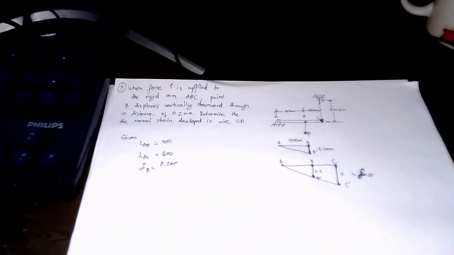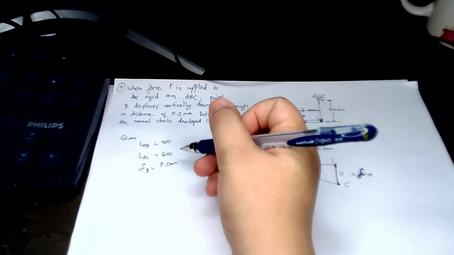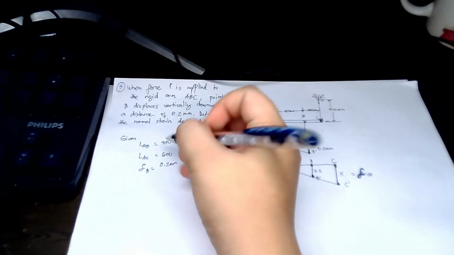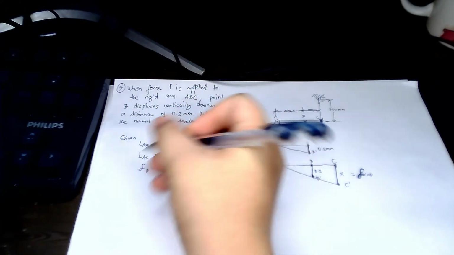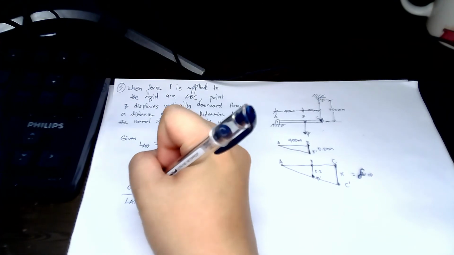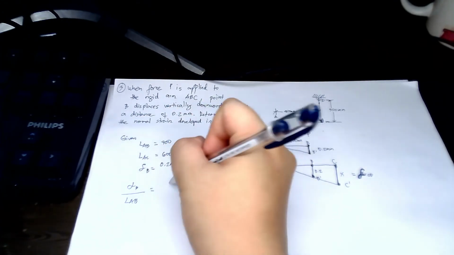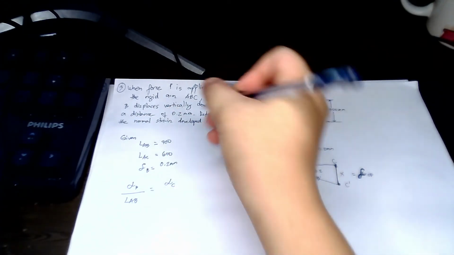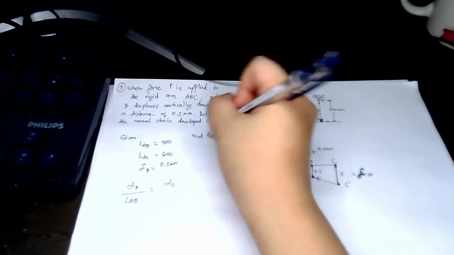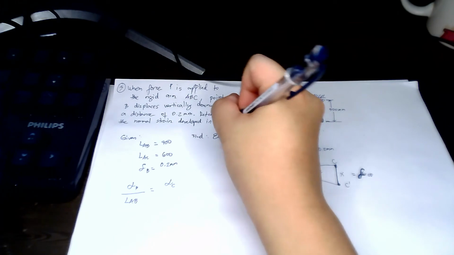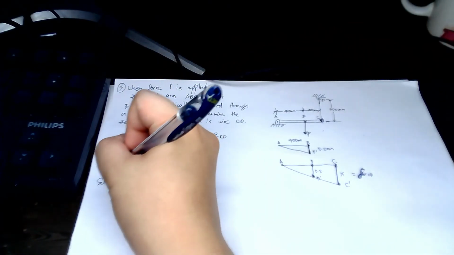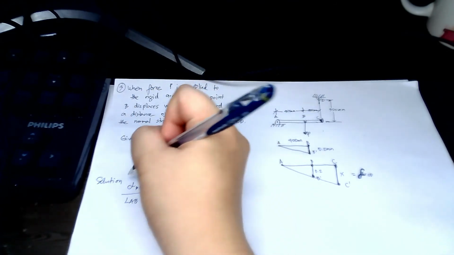So, ratio and proportion again. Since we have this and we have that, you have displacement at B over length AB is equal to displacement at C over length AC. This is our given, and we will find CD. Okay, so our solution is here.